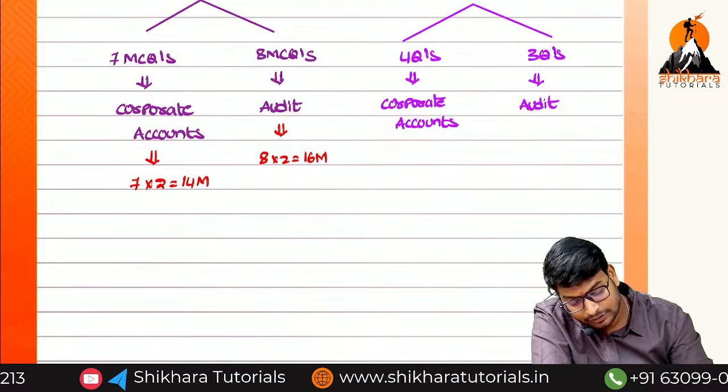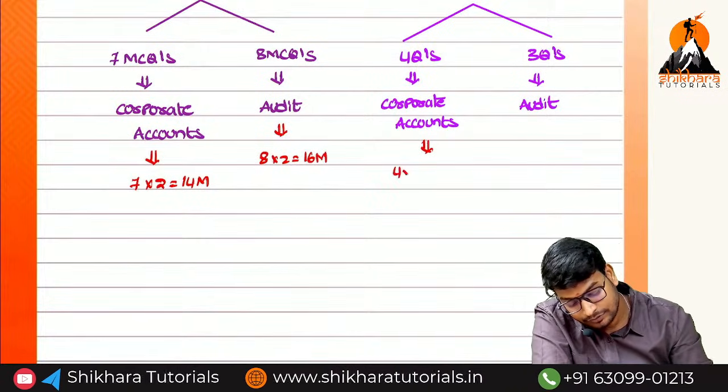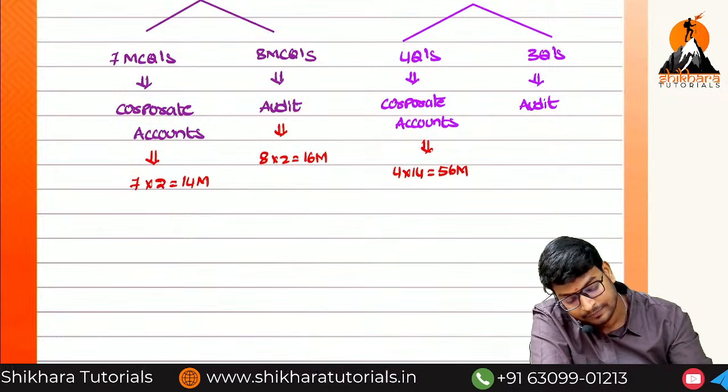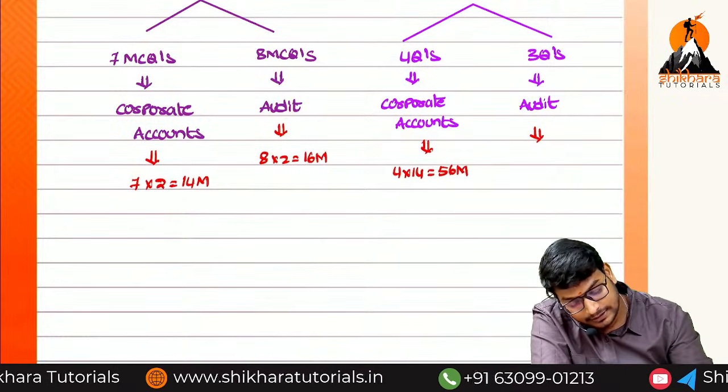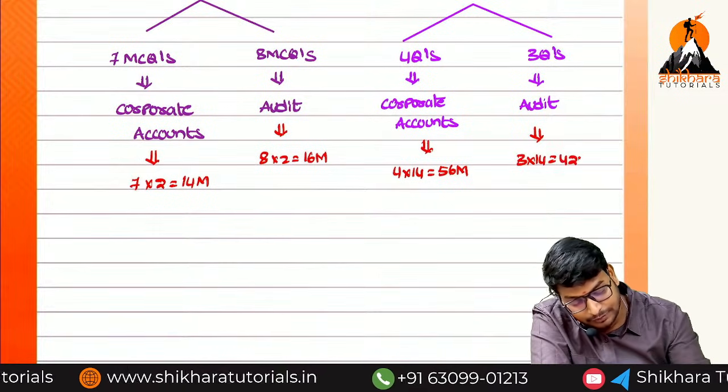And here 4 questions, each question carries 14 marks. So 4 into 14 is equal to 56 marks, and here 3 into 14 is equal to 42 marks.